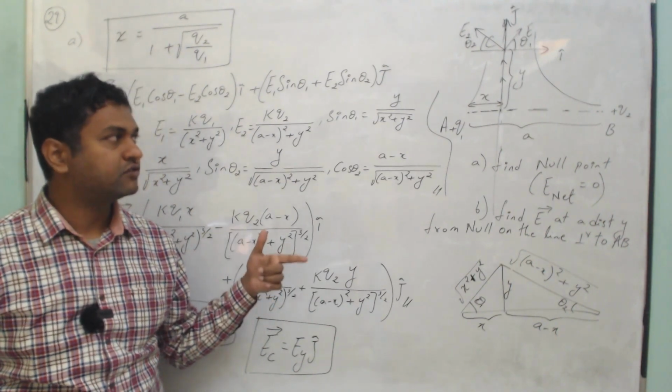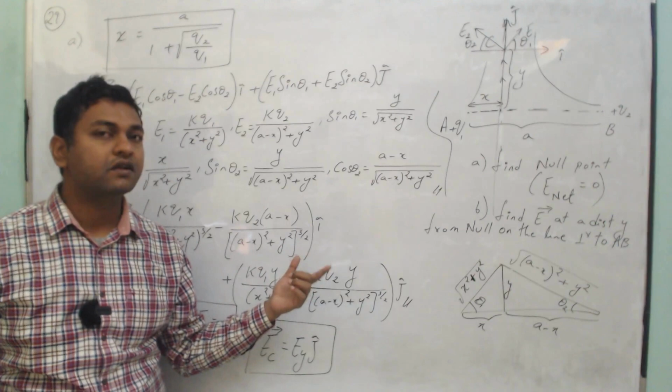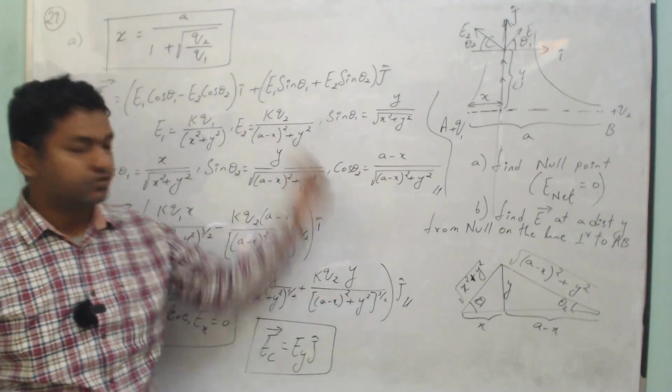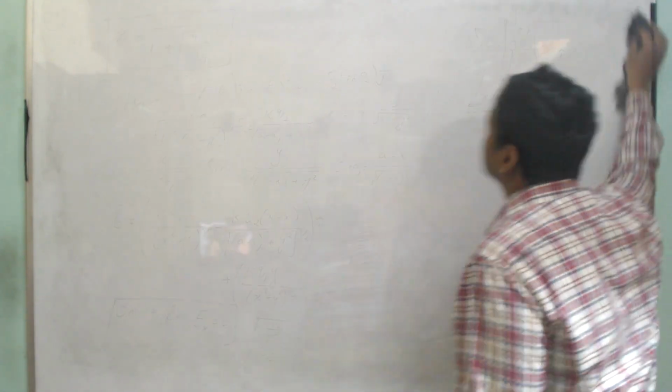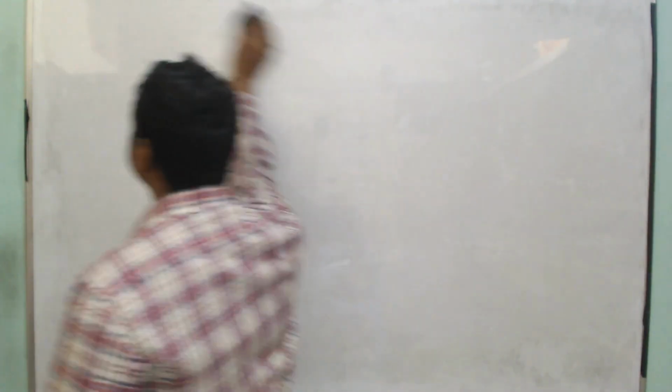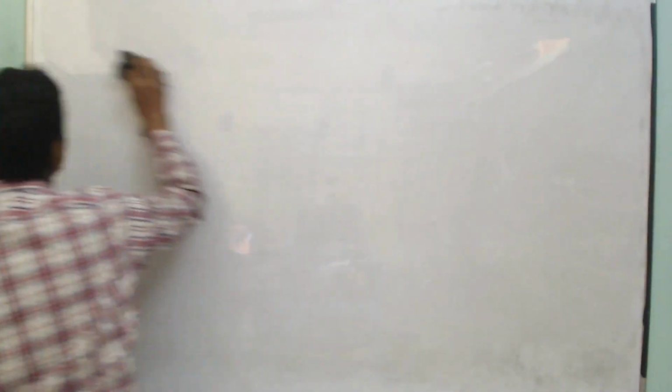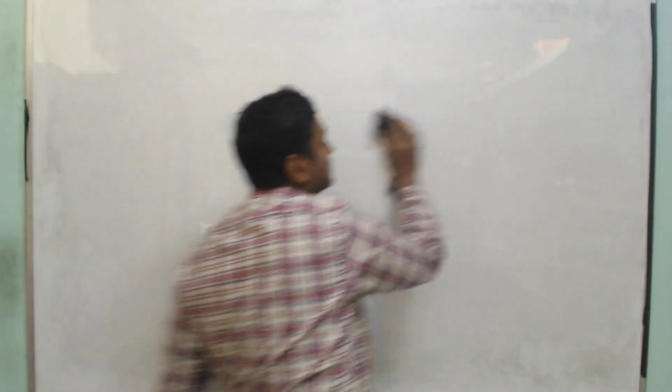We will solve a simpler version now after this. But first you take this down. Okay. So now we will solve the simpler version of it. And in the simpler version, it will be easier for you to figure out that the horizontal components cancel each other.